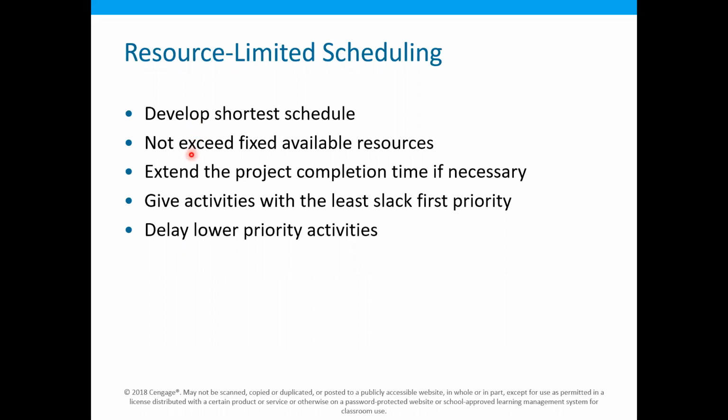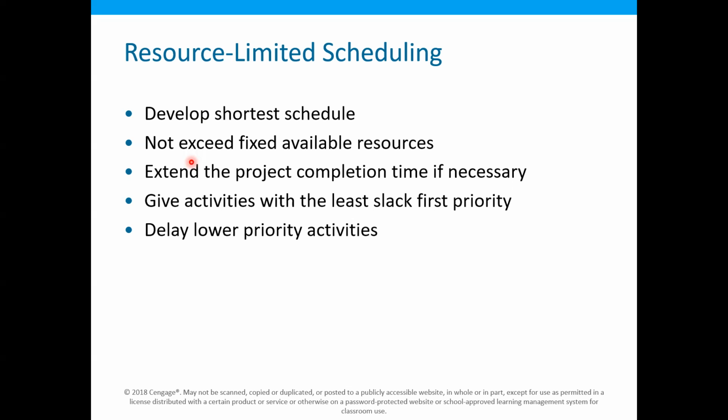So in resource limited scheduling, we have a limited number of resources. We cannot simply provide more resources. For example, if we need 4 painters on a certain day on the project on 3 different activities, but we only have 2 painters available to work on the project, then of course we have no other choice but to work with those 2 painters.